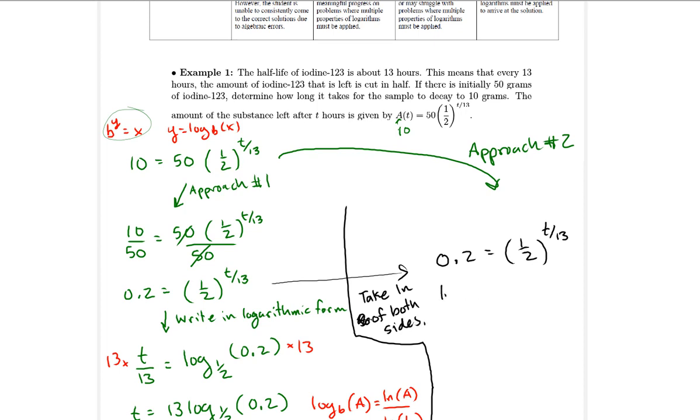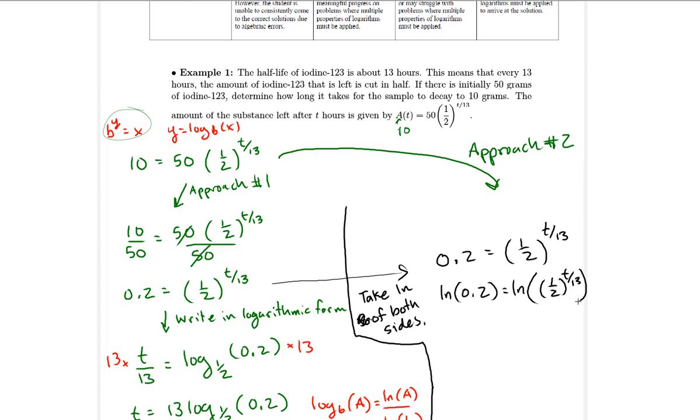So I'm going to say the natural log of 0.2 is equal to the natural log of 1/2 to the t over 13. Oops, that's getting a little messy. I apologize. So I'm taking the natural log of both sides.